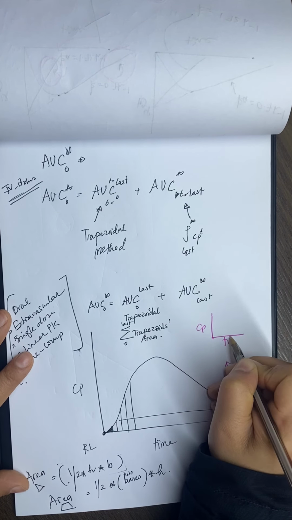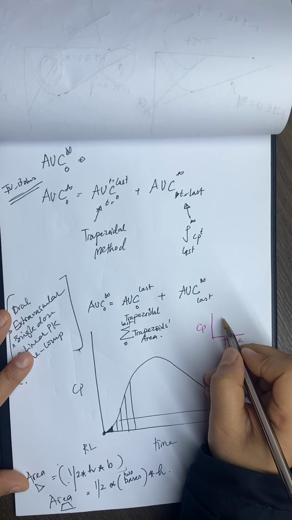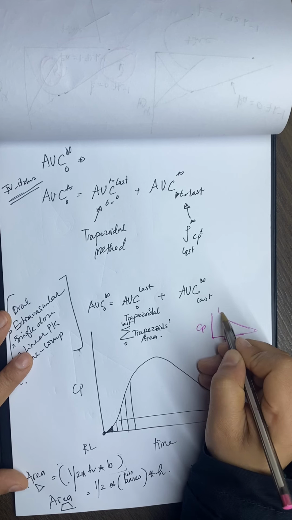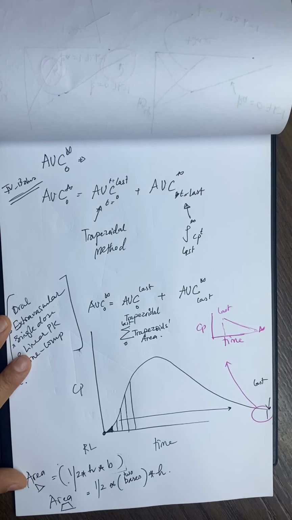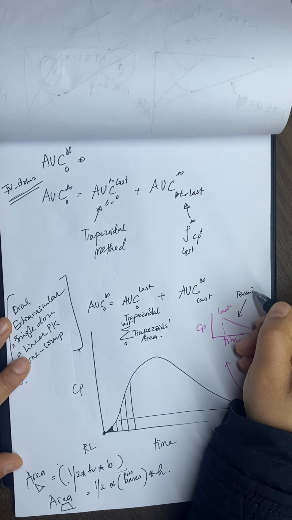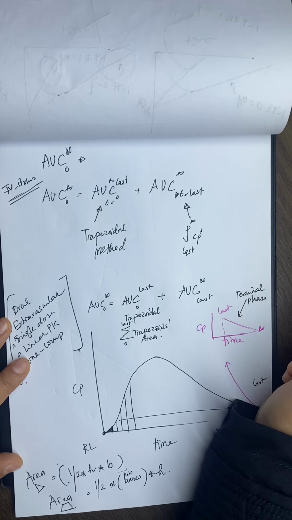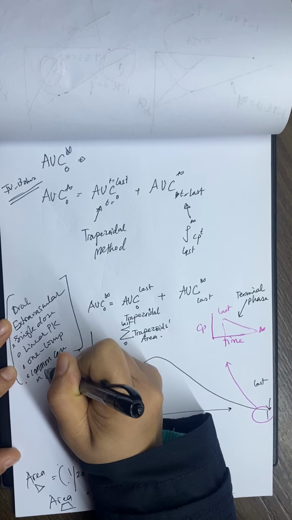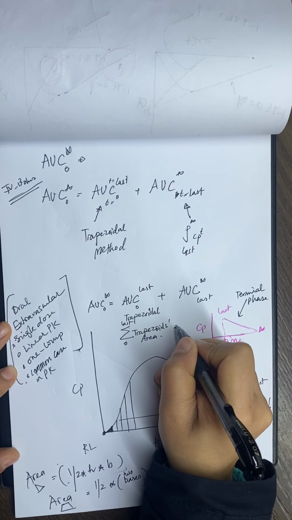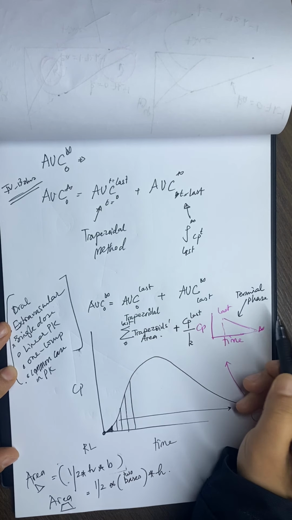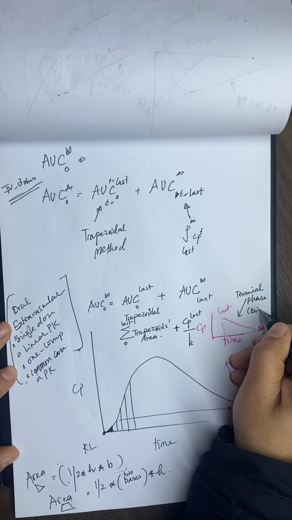Then let's take this a bit larger. I have CB versus time. Again, I will have the end of it, which is from t last to infinity. And if you remember, this will be in your terminal phase, which is only related to elimination if we are talking about the common case in kinetics. So accordingly, this will be CB last over K, as we have only the elimination phase.